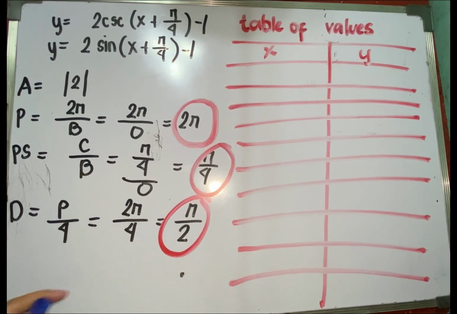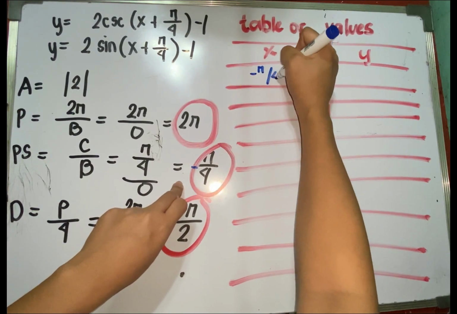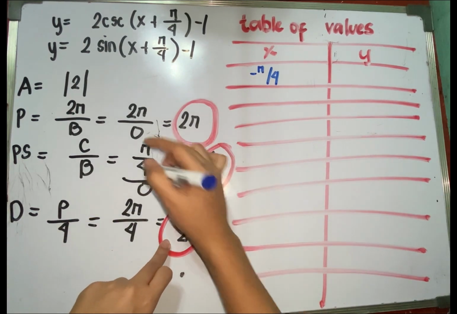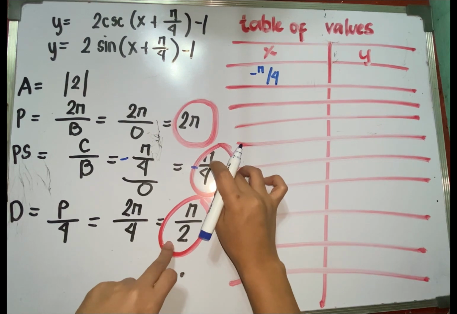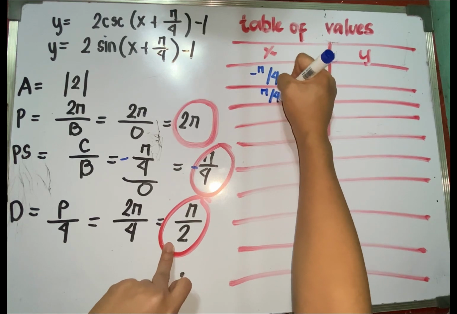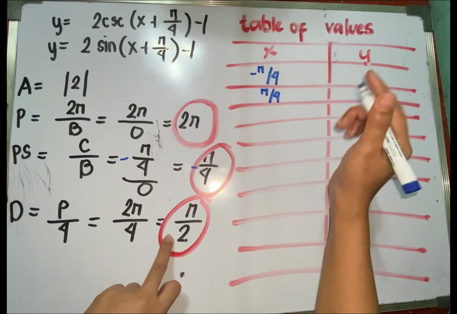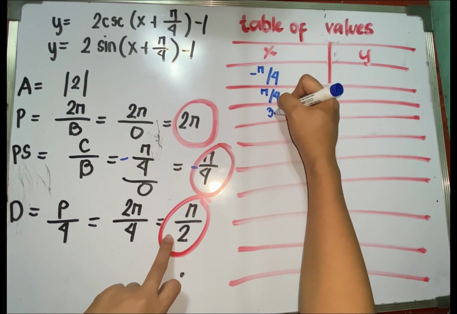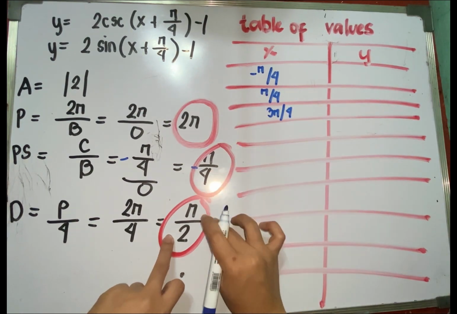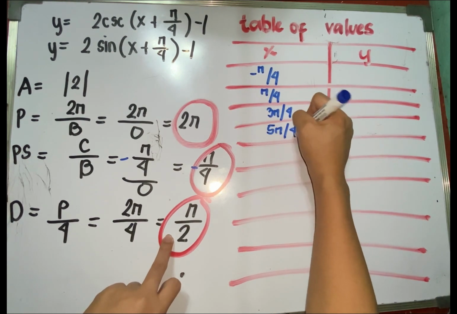Now let's write the first, which is our negative pi over 4. Negative pi over 4 plus pi over 2 is equal to pi over 4. Then same process, you have to add the distance of each key point, which is pi over 2. So it becomes 3 pi over 4. And you have to add pi over 2 again, and this is 5 pi over 4.